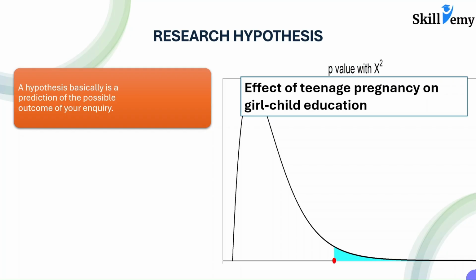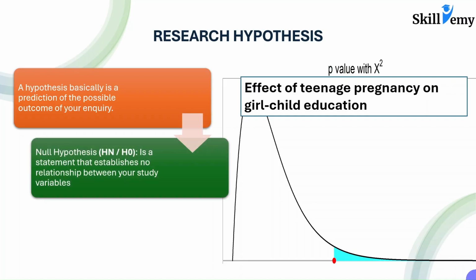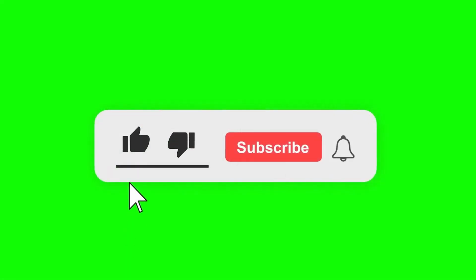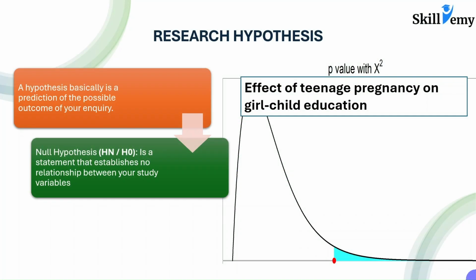Now, before we understand the impact of a hypothesis in our research, we need to know that research hypotheses come in two forms. We have a null hypothesis and we have an alternative hypothesis. A null hypothesis, or H-naught, is a statement that establishes no relationship between study variables. So a null hypothesis always indicates no relationship existing between any of the study variables that we are looking at.